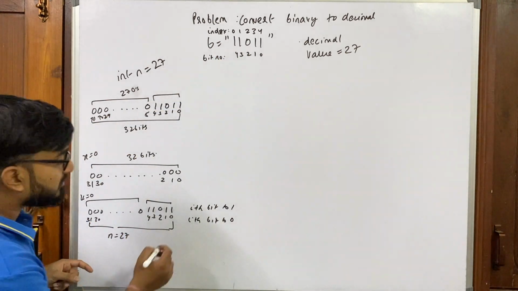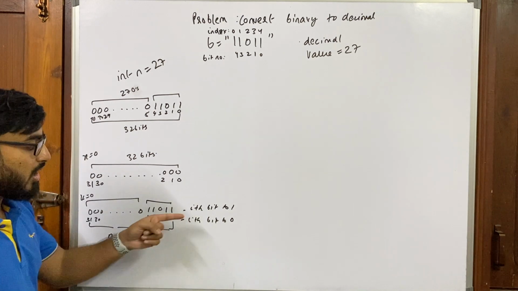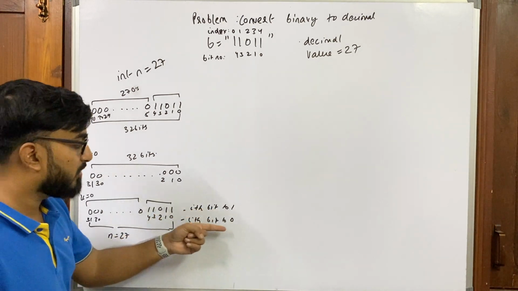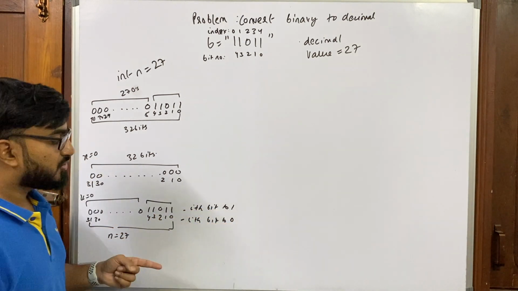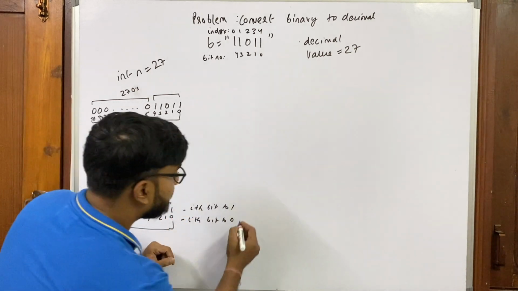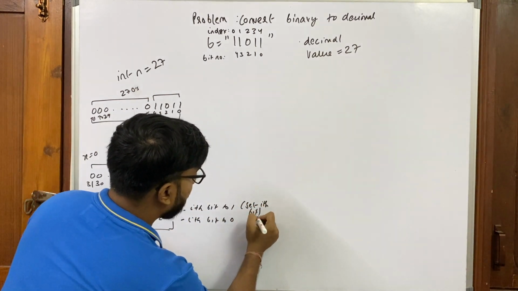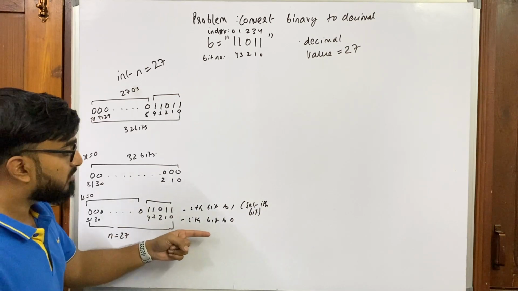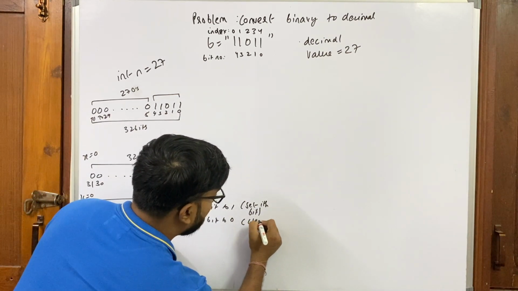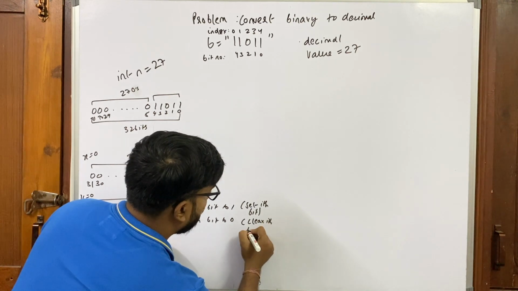So our task is to solve these two: how to set the ith bit to 1 and the ith bit to 0 in an integer. When you change the value of the ith bit to 1, we say set ith bit, and when we change the value of the ith bit to 0, we say clear ith bit.